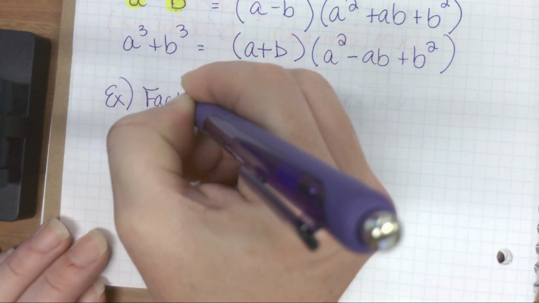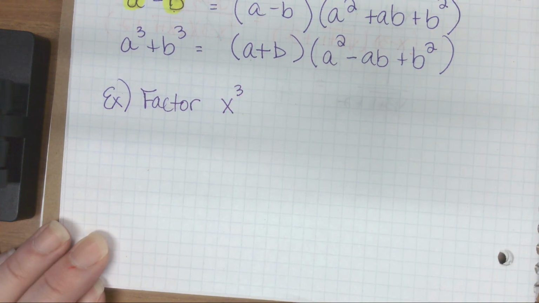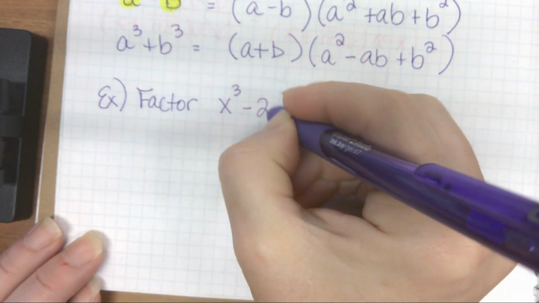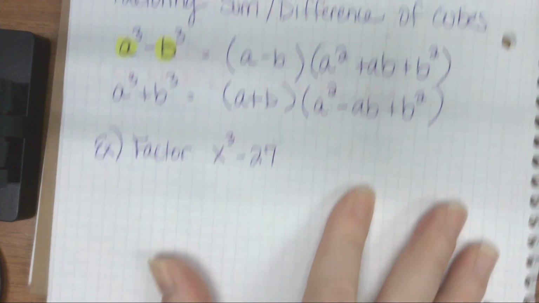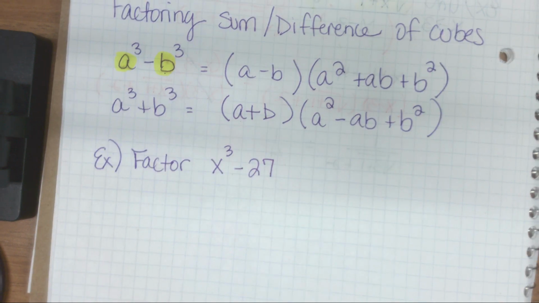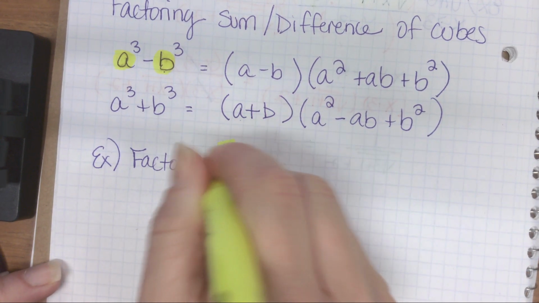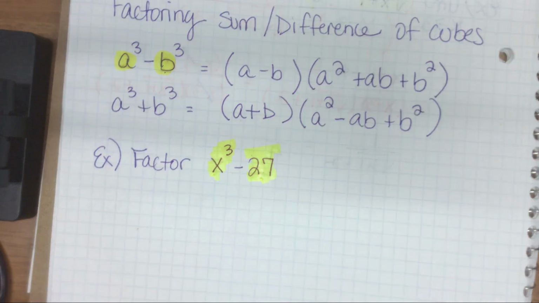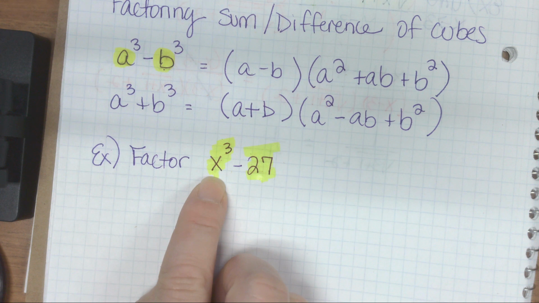Can you factor x cubed minus 27? Okay, so here's how this works. The a and b are coming from these terms, and I've got to figure out what these are cubed, right? So obviously the cube root of x cubed is just x.